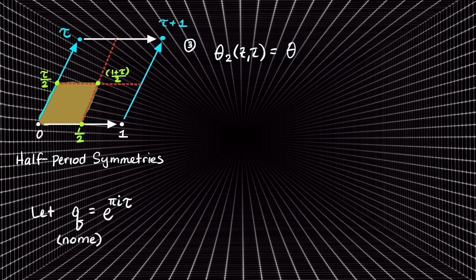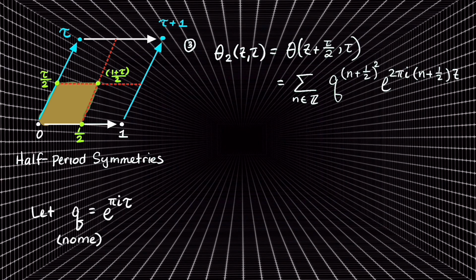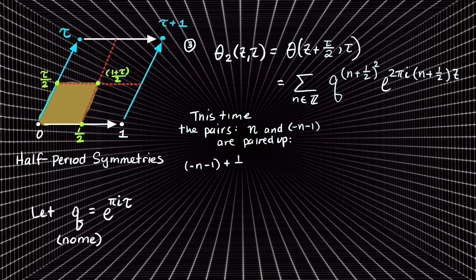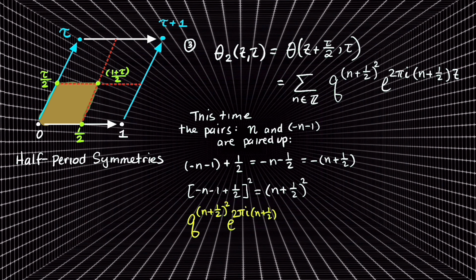Theta 2, that would be equal to the shift by half of tau. Again, we can complete the analysis here, and this time we're going to pair n with negative n minus 1 pairs, and this will help us keep a symmetric value, in which case we can complete the square and write a sum which we can evaluate with a trigonometric value.